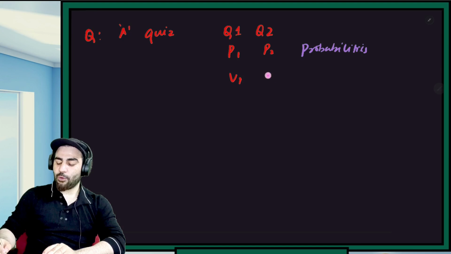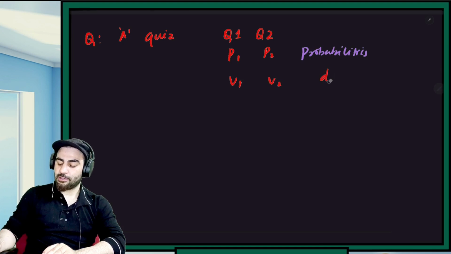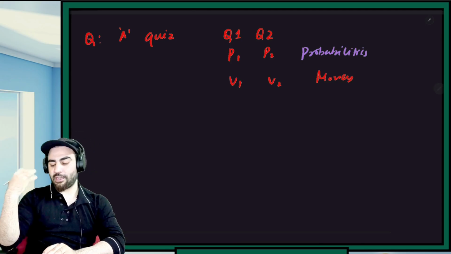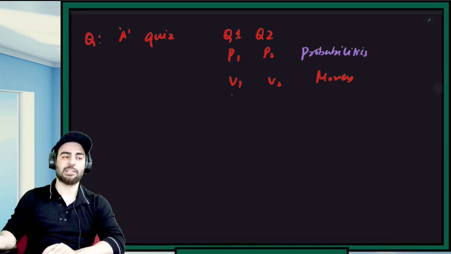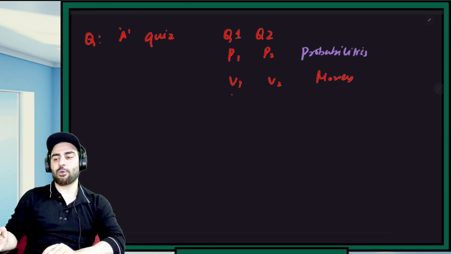V1 and V2 are the money, in dollars, that you will get. If you answer question 1 right, you will get V1. If you answer question 2 right, you will get V2. If you answer both questions right, you will get V1 plus V2.